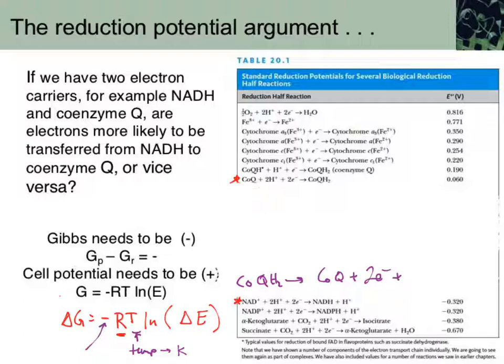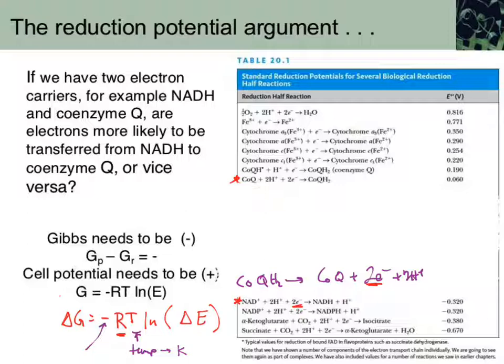Oh, and I forgot the 2H+. So now CoQ loses 2 electrons, and NAD+ accepts those 2 electrons. Everybody kind of see that? Is that going to be a functioning reaction?